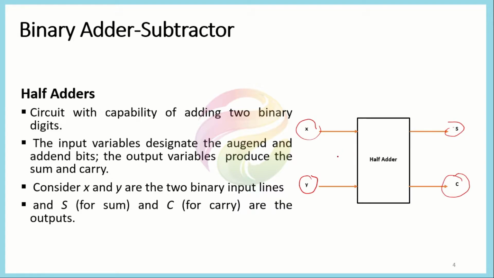So the half adder has inputs x and y, and outputs sum, represented as capital S, and carry, represented as capital C. This is the main block diagram of a half adder system.